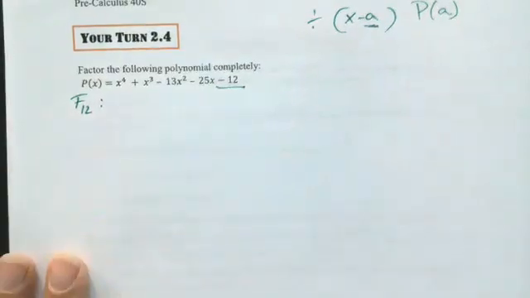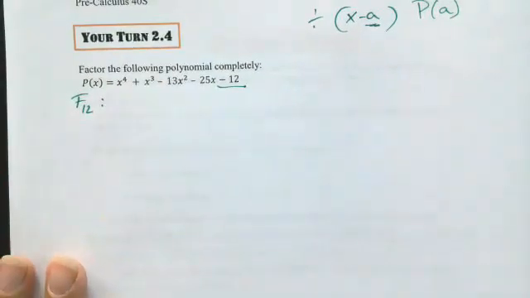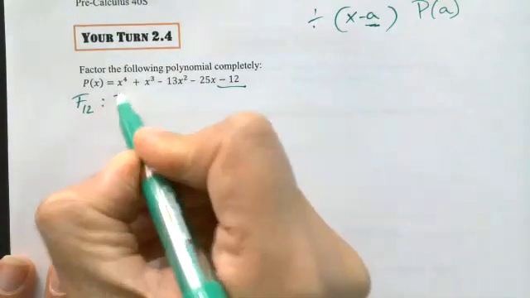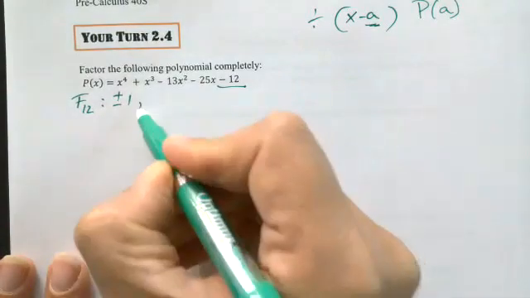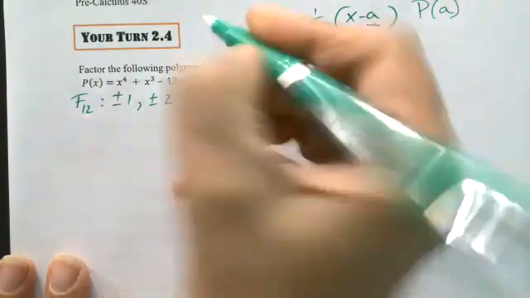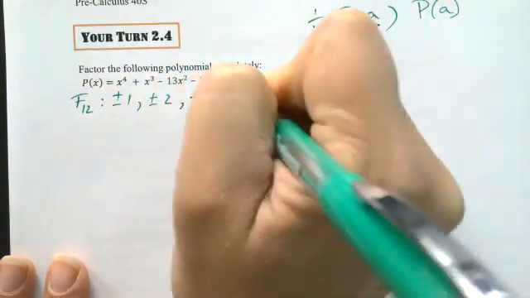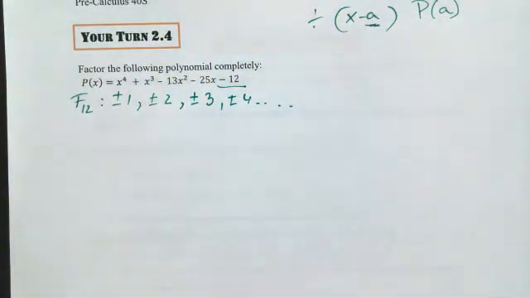And we start by listing the integer factors of 12, or the numbers that divide 12. Positive and negative 1, positive and negative 2, positive and negative 3, positive and negative 4, dot. I don't waste my time going beyond 3 or 4 in the list because I'm hoping to find the first one pretty fast, and then continue on.